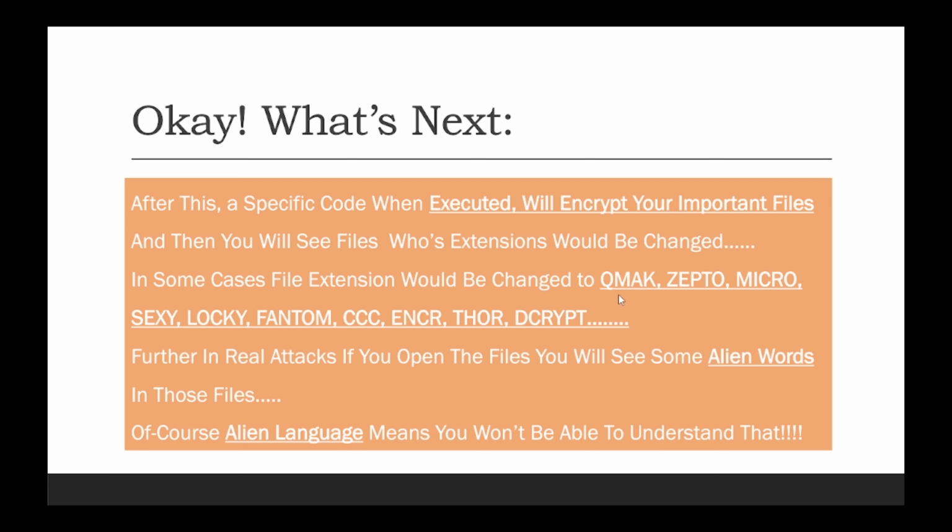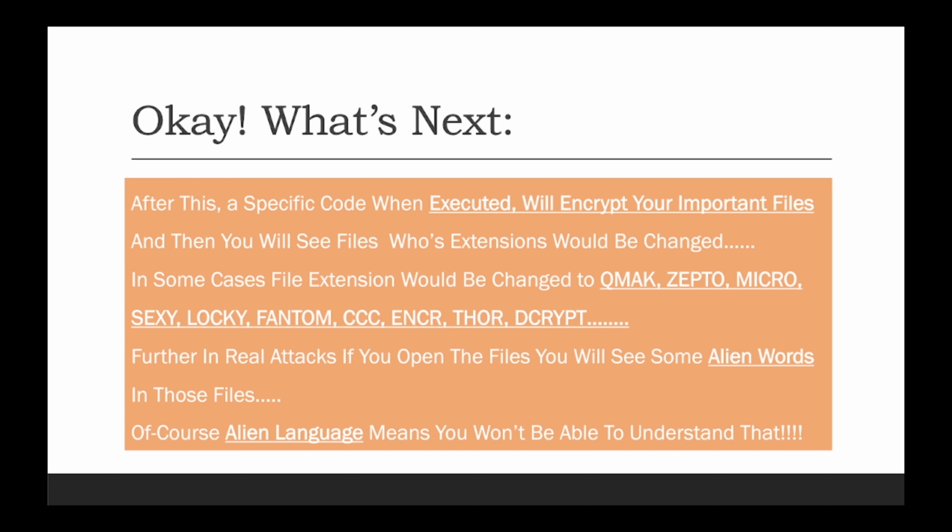I have used some names here, the extensions that would be shown after the encryption of your files. And of course, if you open those files, you would not have an idea what those files contain, because you will see a lot of unrecognized symbols that you cannot decrypt, or in simple words, you cannot understand what they are.